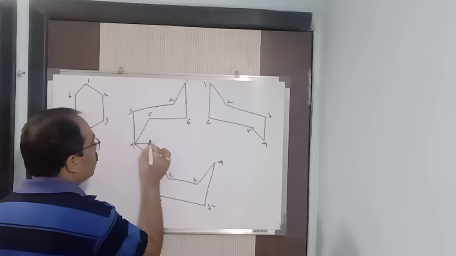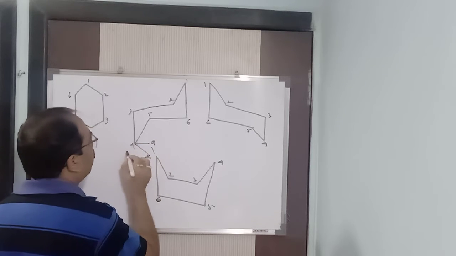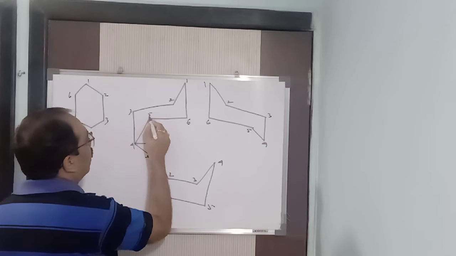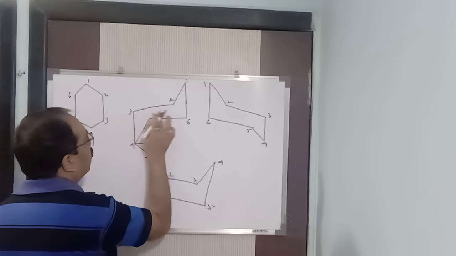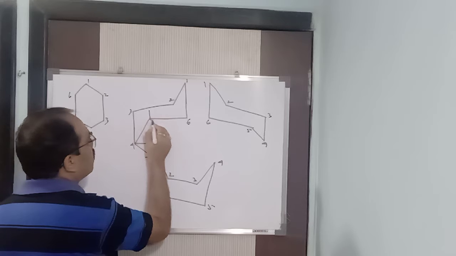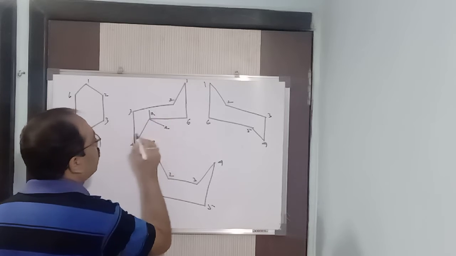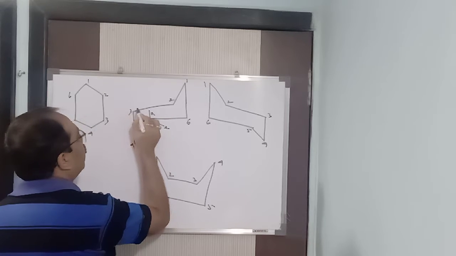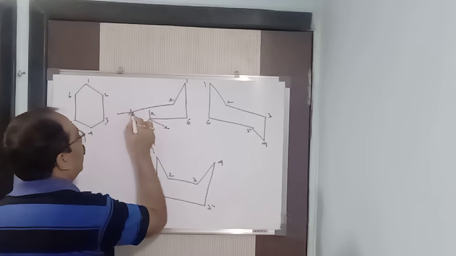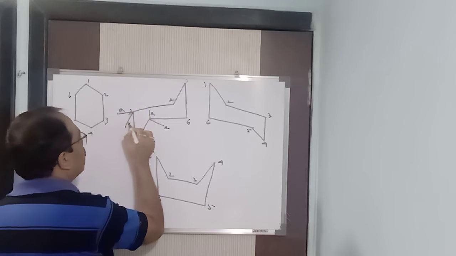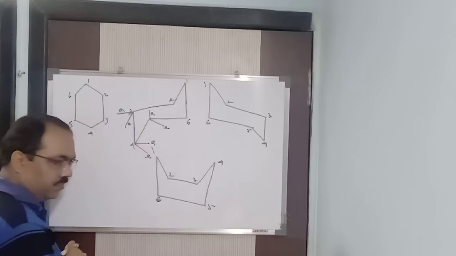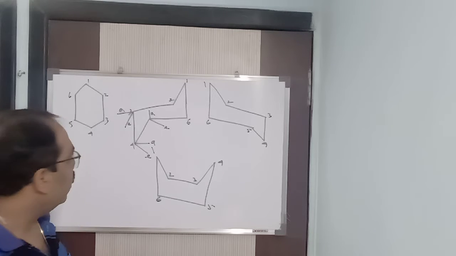So this is axial and this is equatorial. Again, this one is axial and this one is equatorial. In this way you will get axial, equatorial.